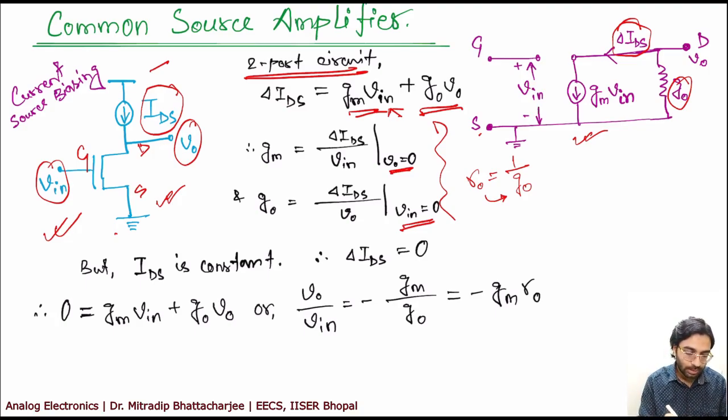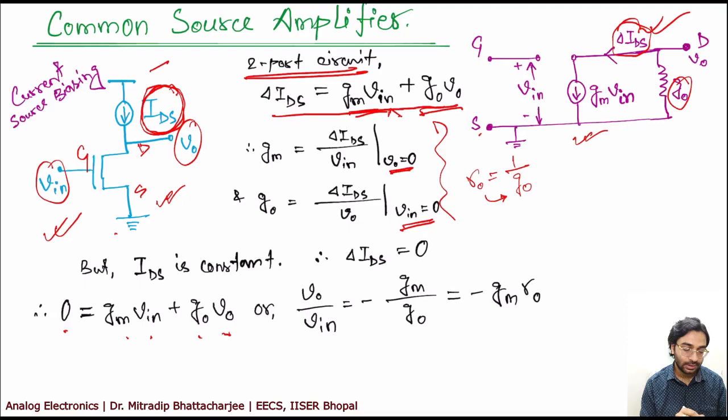So this is normal mathematics, but our IDS is a constant current source. In that case your delta IDS is 0. So if you put 0 in this equation, it will be 0 is equal to gm V in plus g0 V0.